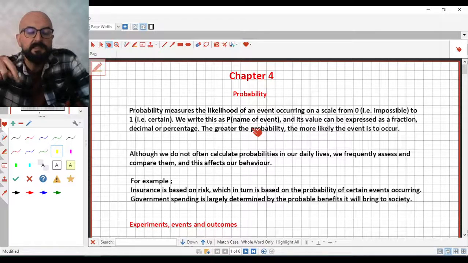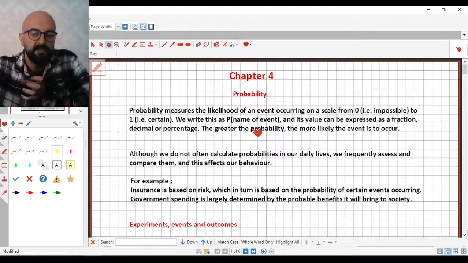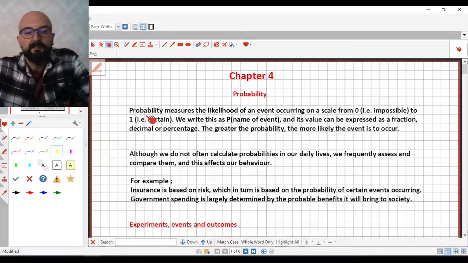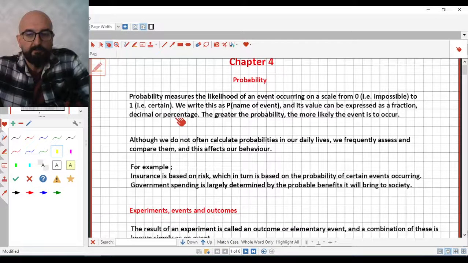But in this year, in statistics lesson, you will learn different things about probability. Your topic is very large, and now we can start the probability.